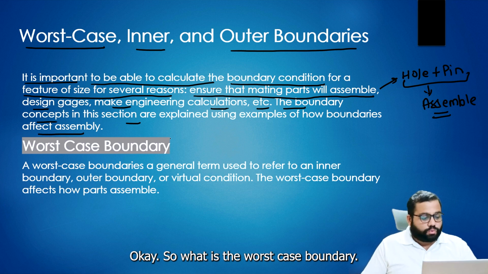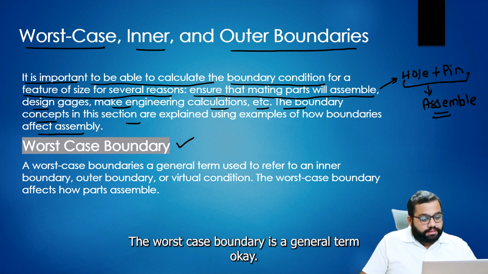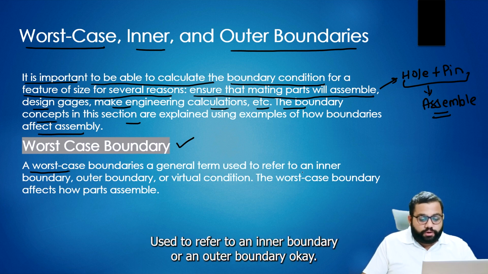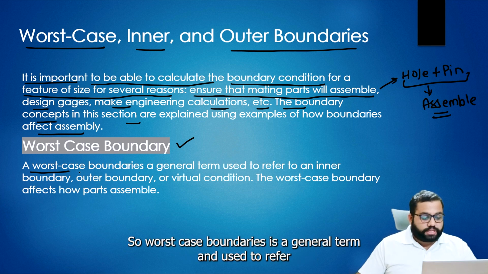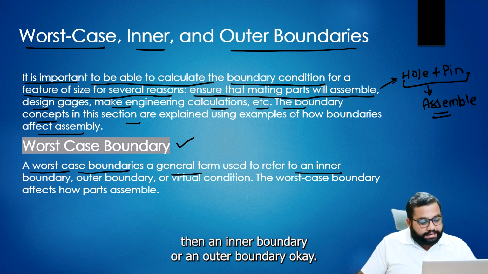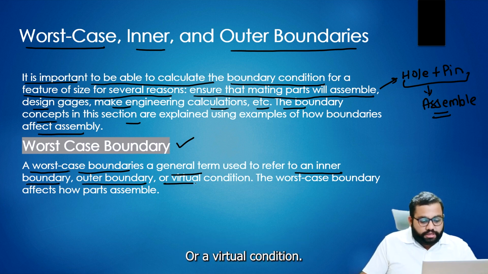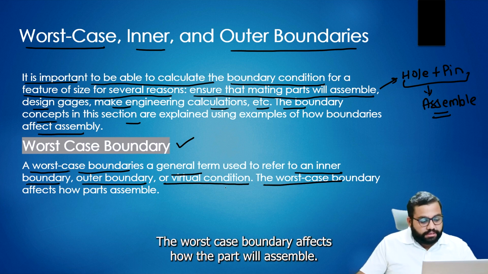So what is the worst case boundary? The worst case boundary is a general term used to refer to an inner boundary, an outer boundary, or a virtual condition. The worst case boundary affects how parts will assemble.